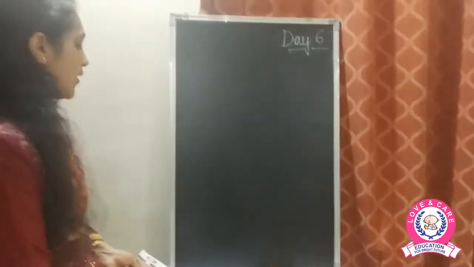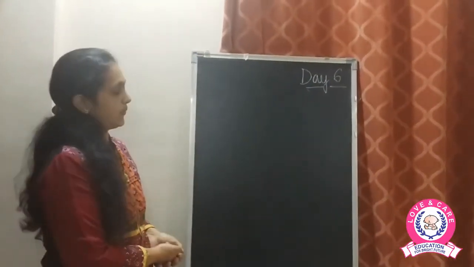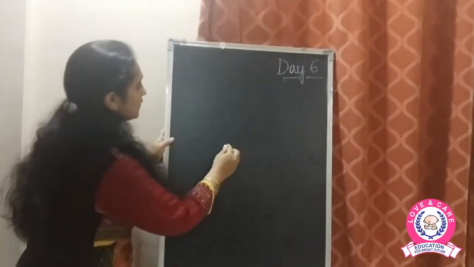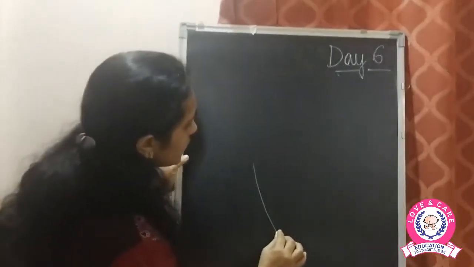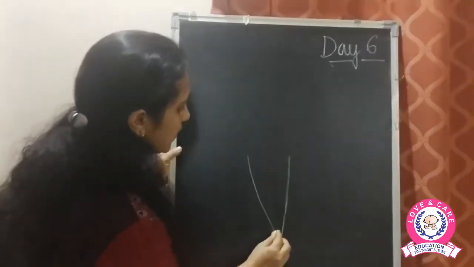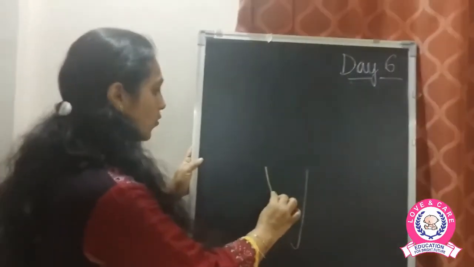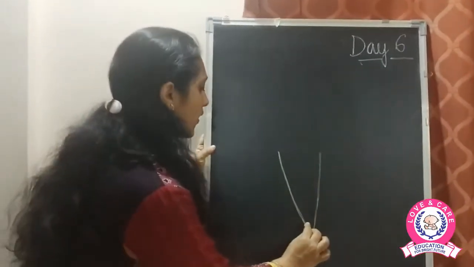Okay children, now we are first going to learn how to draw an ice cream. So it's very easy. You have to make a V shape. It should be little round. We are going to draw a cone, that is a cone ice cream.